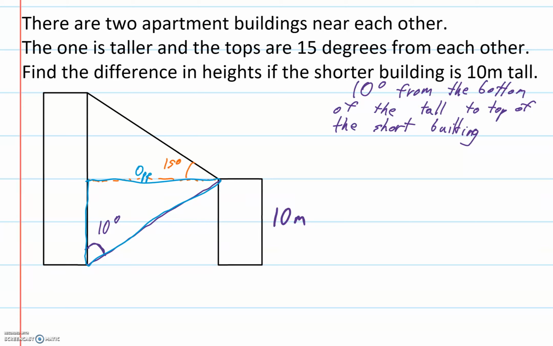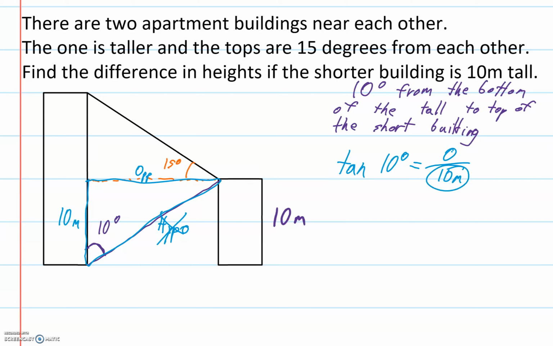So what we're going to do is solve for that opposite side, keeping in mind that that height thing is 10 meters tall. So we're not using the hypotenuse. We do not care about the hypotenuse. So that means we're going to be using the tan function. So tan of 10 degrees equals opposite over adjacent.